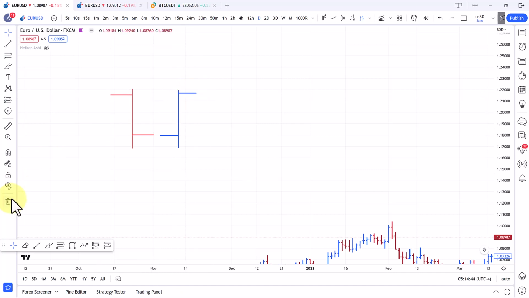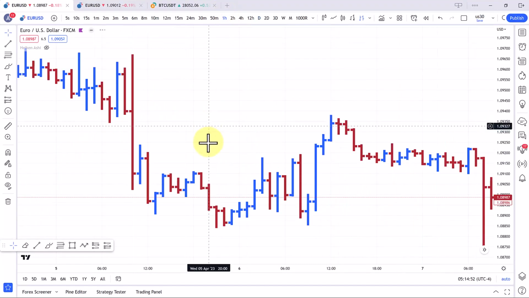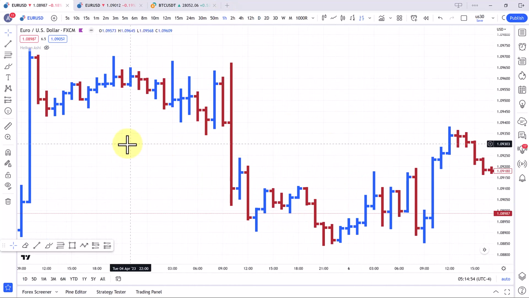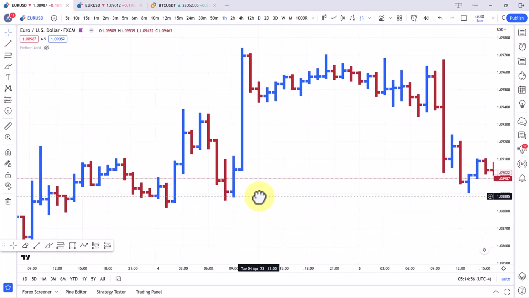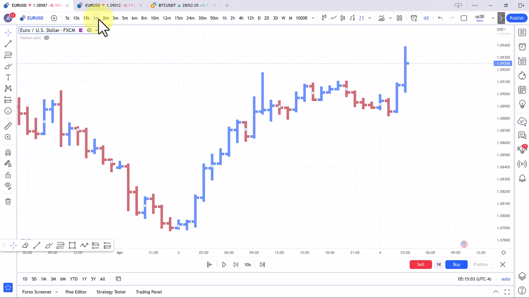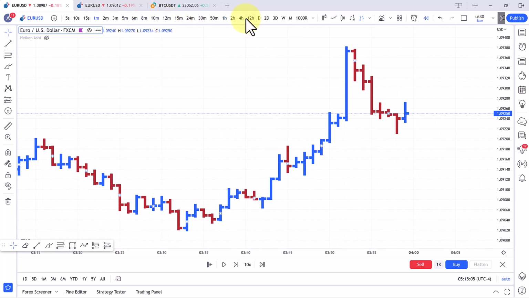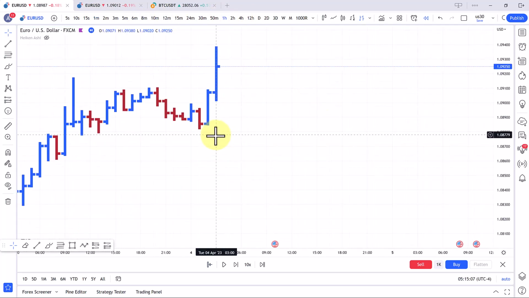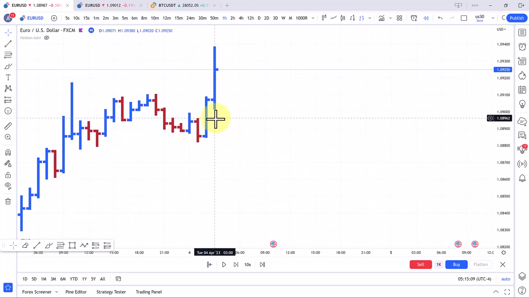So let's see that on charts. It's a 1-hour bar chart. We want to see this special bar here. Let me see if, yes, it gives me the 1 minute time frame. It started from 3 and it closed at 4.